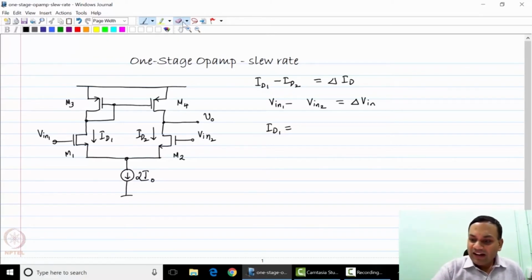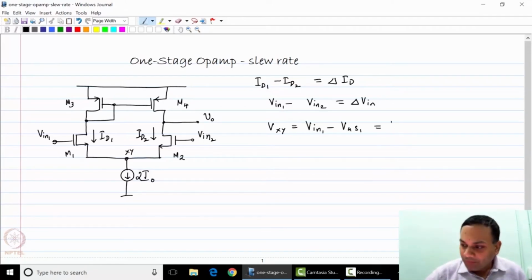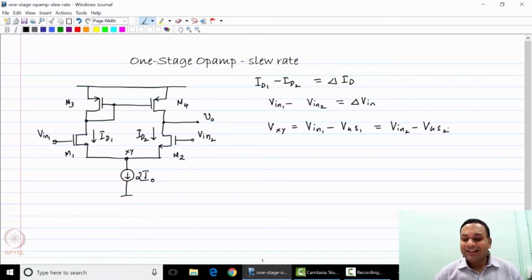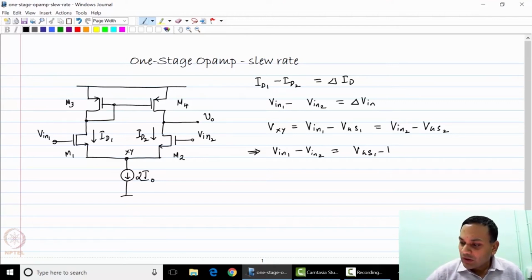So we can write the voltage at node XY as V in 1 minus VGS1 or V in 2 minus VGS2. So clearly these two quantities have to be equal. This means that V in 1 minus V in 2 has to be equal to VGS1 minus VGS2.